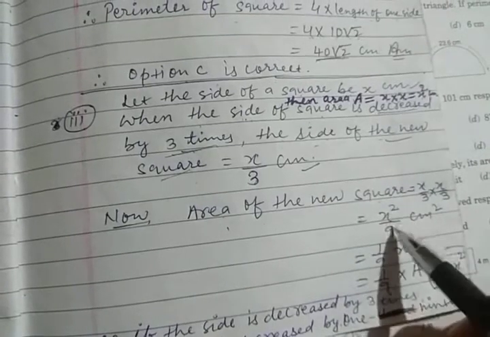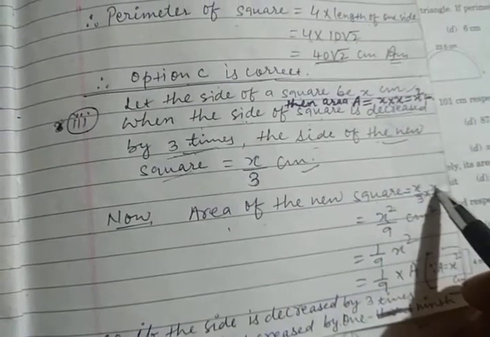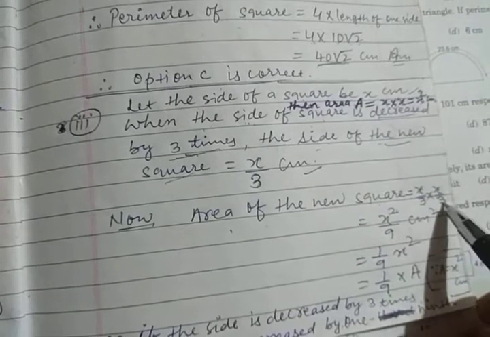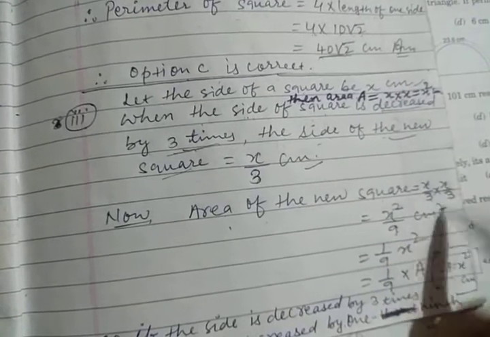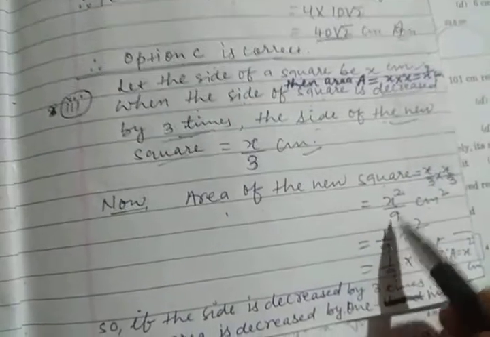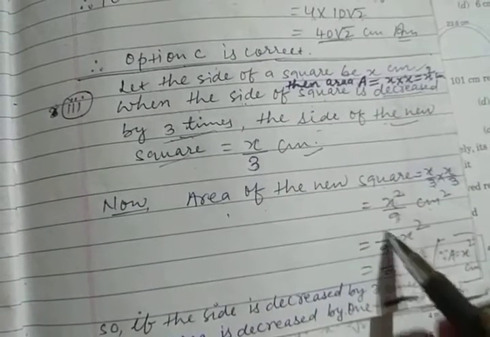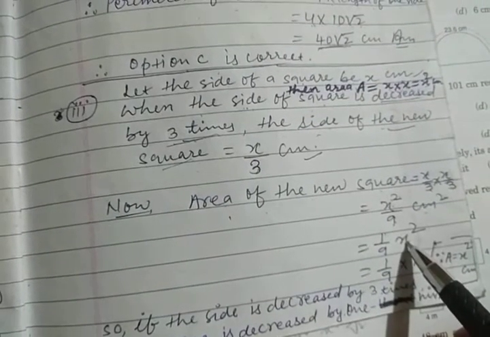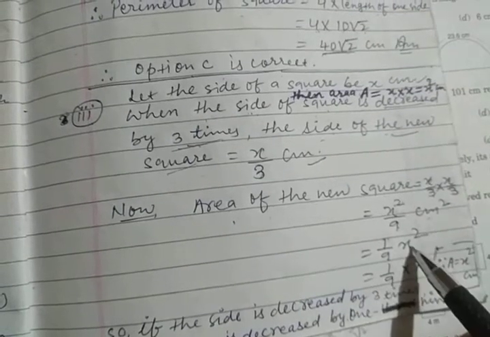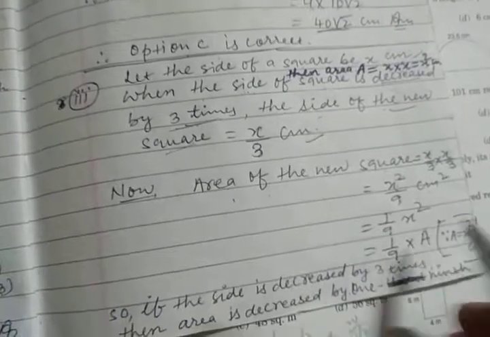We get x square by 9 centimeter square. We can write it as 1 by 9 x square.